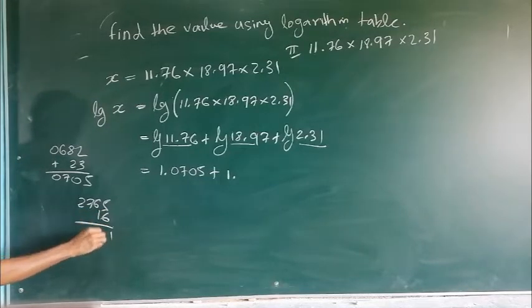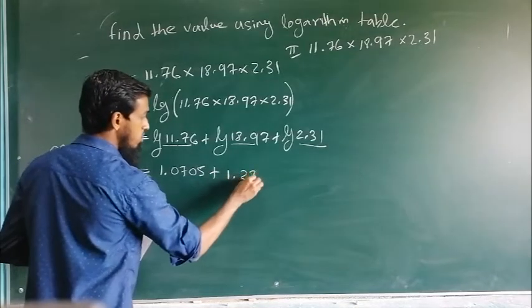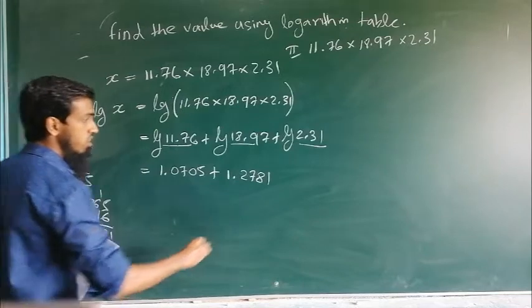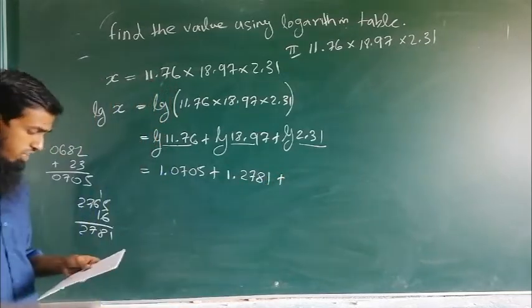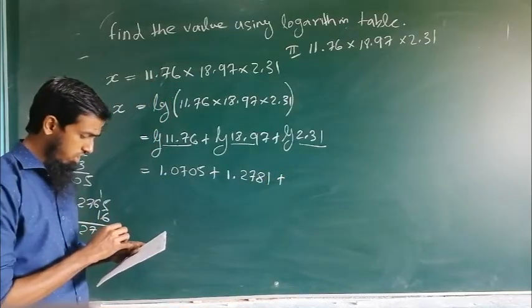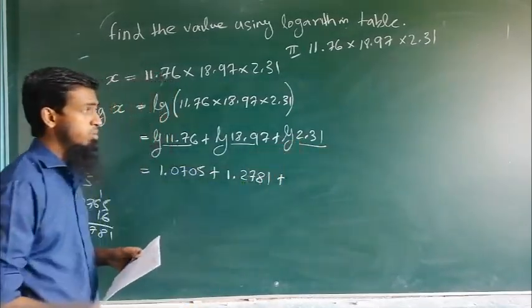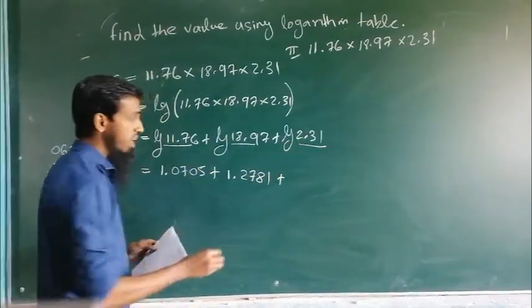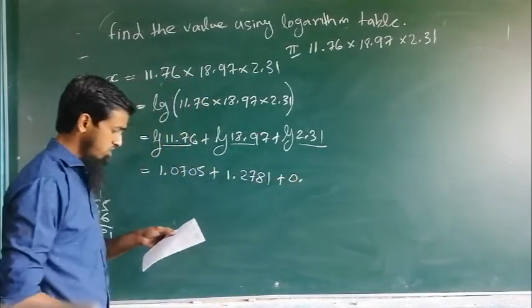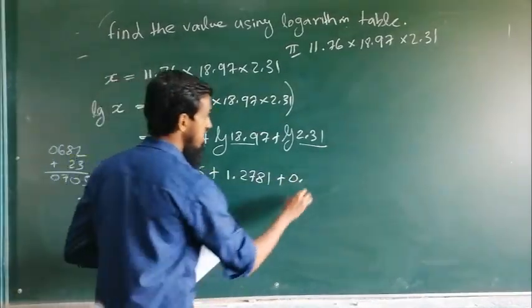So altogether, 11, that is 8. 2781. Okay, the last, 2.31, 23.1. Before the decimal place, we have one digit, so subtract 1, so 0 point. So 23.1, that is 3636.